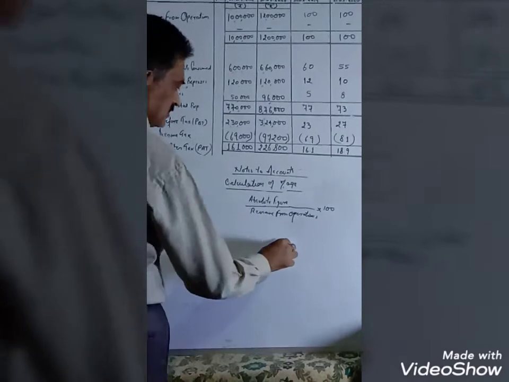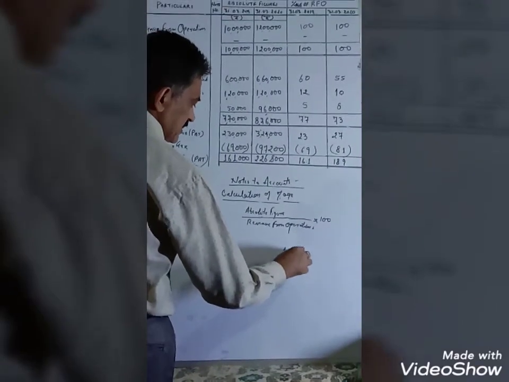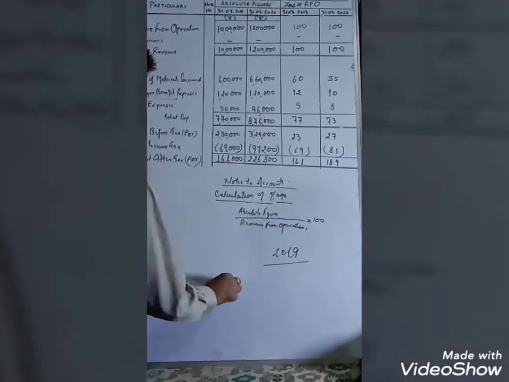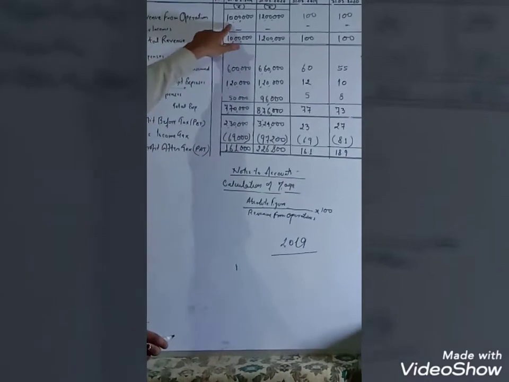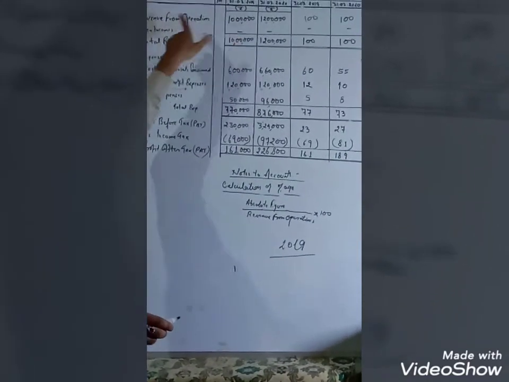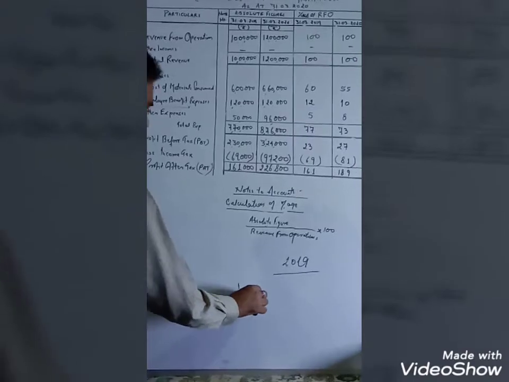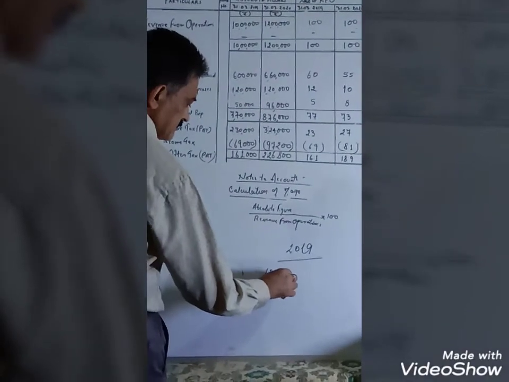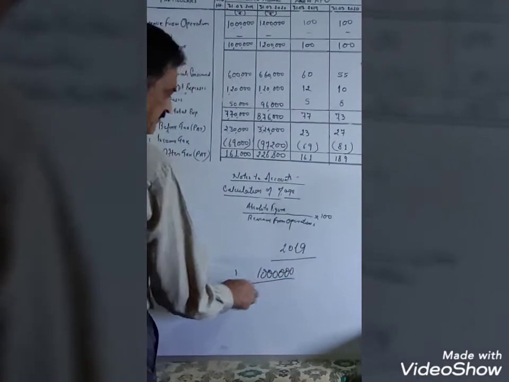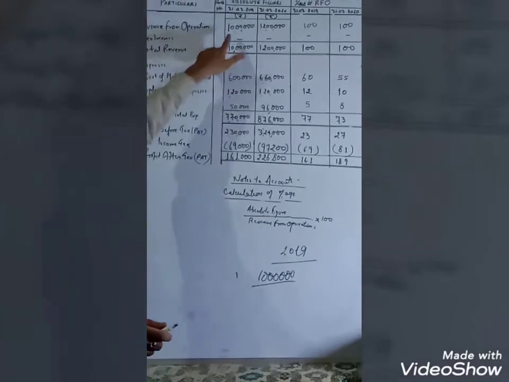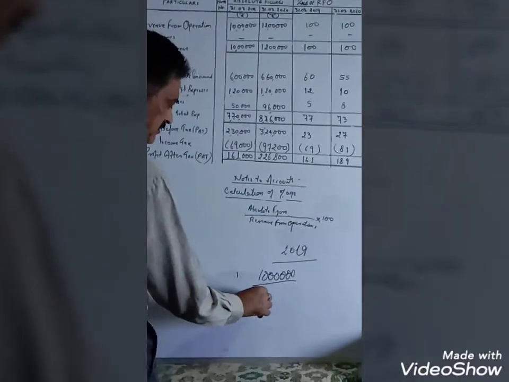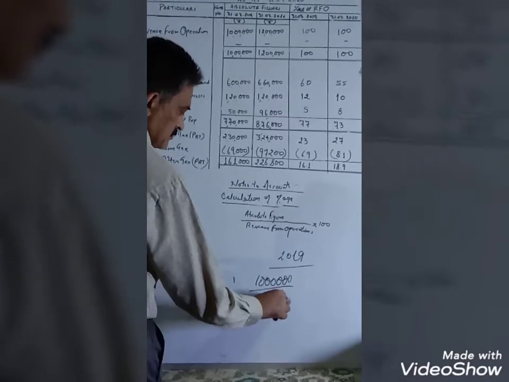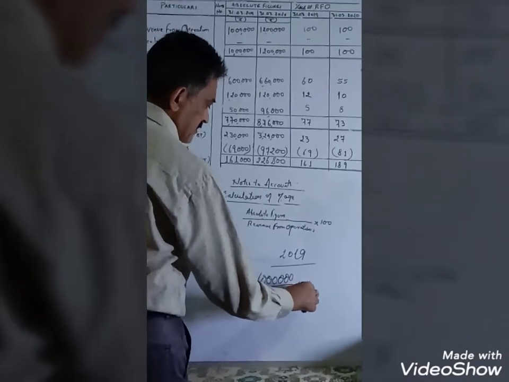If we take the figures for the year 2019, the first item is revenue from operation, 10 lakh, divided by revenue from operation, which is also rupee 10 lakh, multiplied by 100.